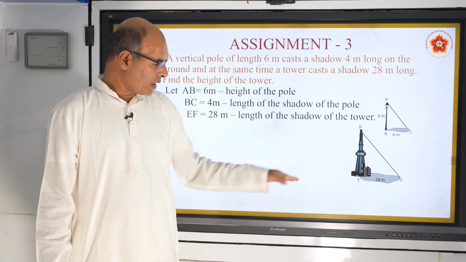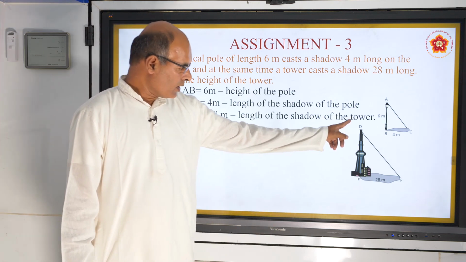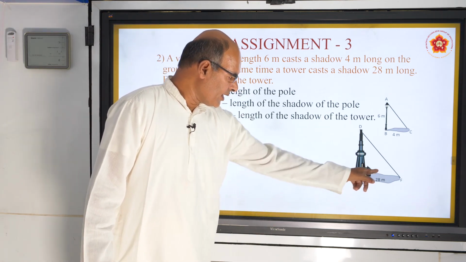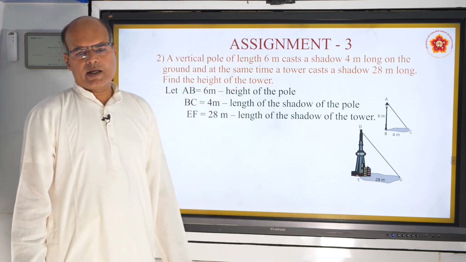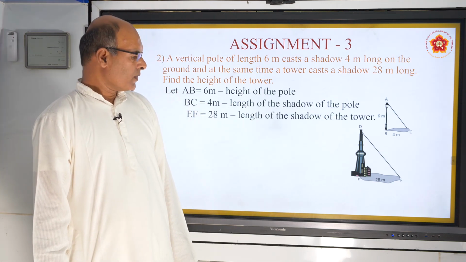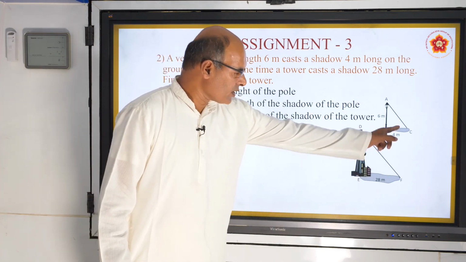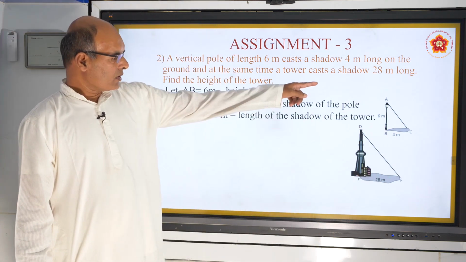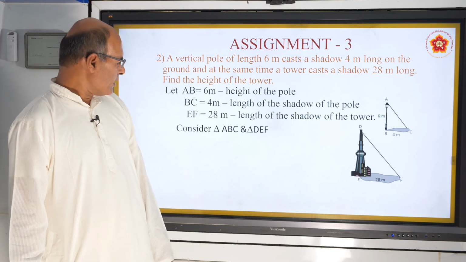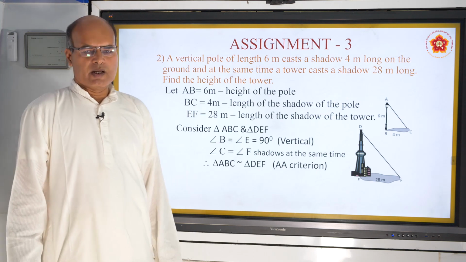No doubt the tower is vertical to the ground, perpendicular to the ground. Therefore, if you assume a triangle here, then angle E is equal to 90 degrees. So we have two right angles and they are equally elevated. Therefore, angle F is equal to angle C. So the triangle ABC and the triangle DEF are similar.